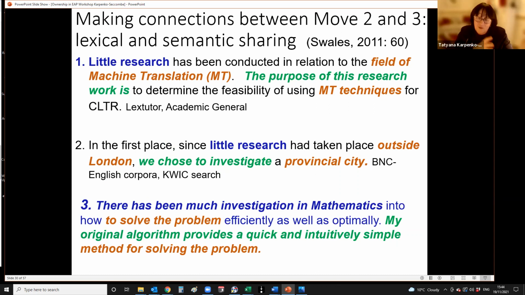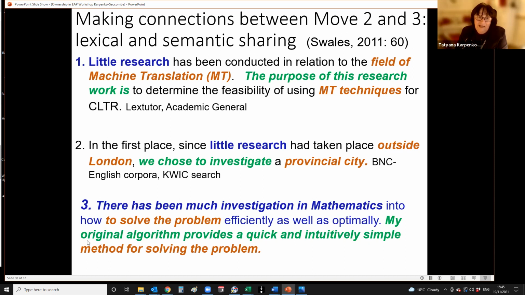Also, again, from strategies, we can go into language and see how these moves are signaled, and also how these moves are gelled together, how they are kept together. This is quite interesting because, again, we can look at lexical and semantic repetition here: field of machine translation, MT techniques, or outside London, which is a provincial city, some kind of semantic connection there.